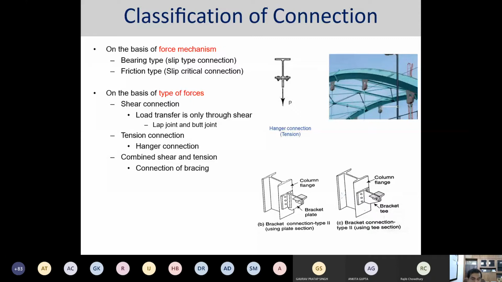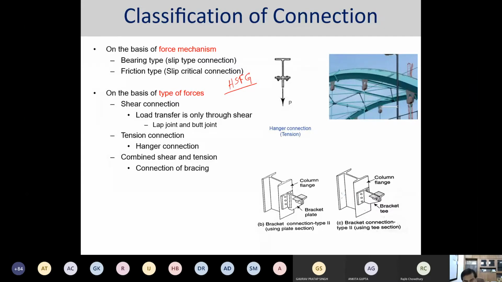So bearing type connection generally occurs when we have the black bolt or the ordinary bolt. And friction type connection occurs when we use the HSFG, or high strength friction grip, kind of bolt.